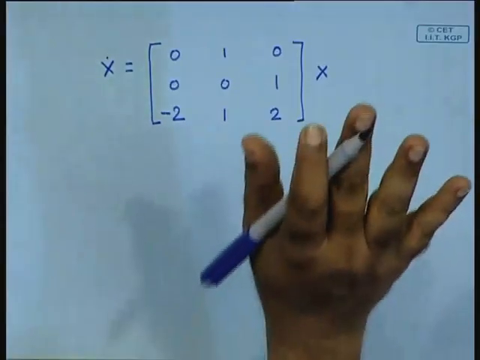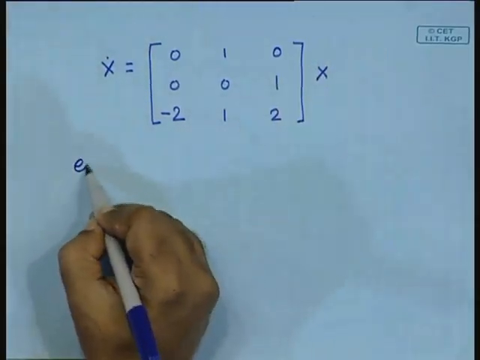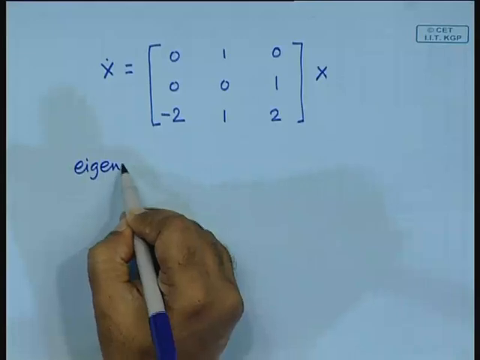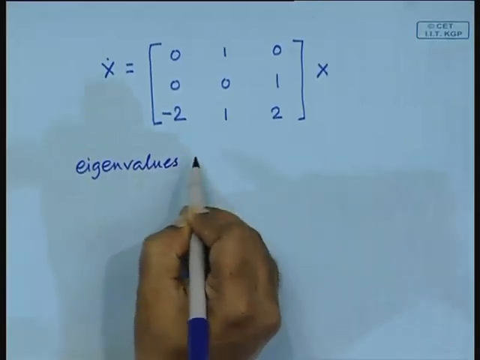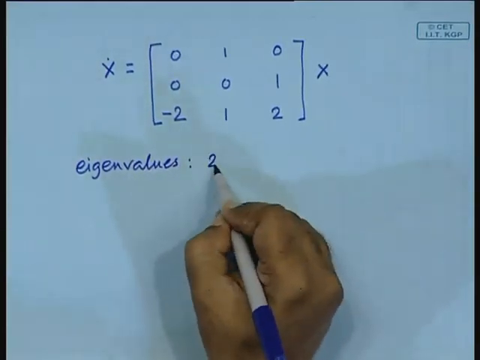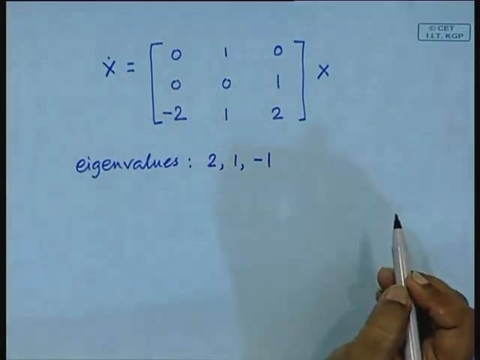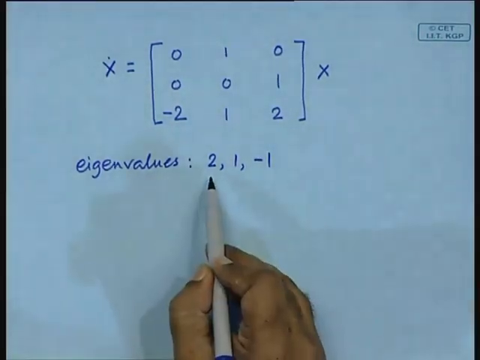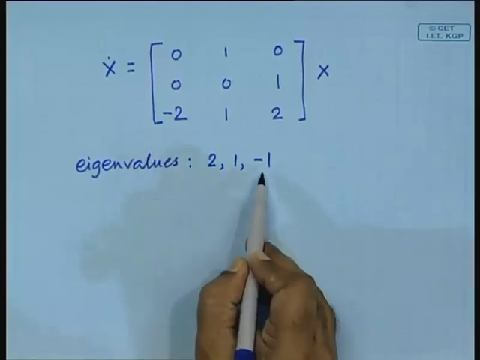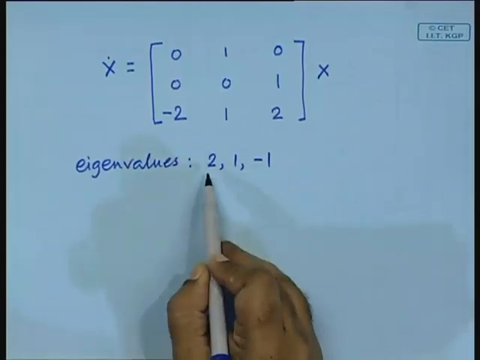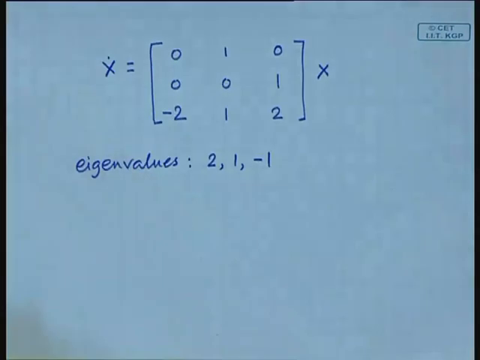So, what are the eigenvalues of this? In this case you have already calculated the eigenvalues, right. The eigenvalues are 2, 1, minus 1. The next question is to obtain the eigenvectors for each of these eigenvalues. What is the eigenvector for 2, for 1, and for minus 1?